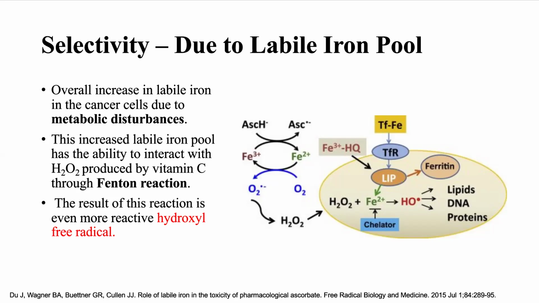So when there is an increase in the production of hydrogen peroxide by vitamin C, it goes into the cell and causes not only damage, but also the production of another reactive oxygen species, that is the hydroxyl free radical, which further enhances the oxidative damage.